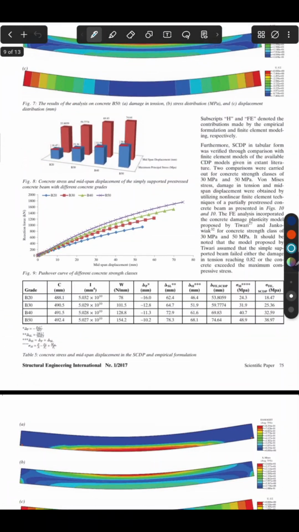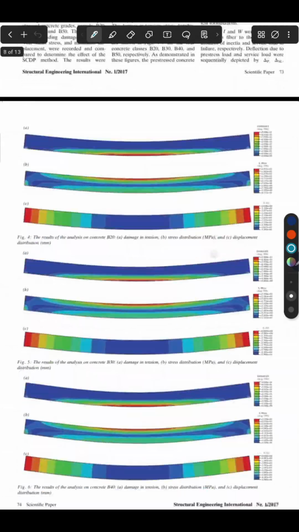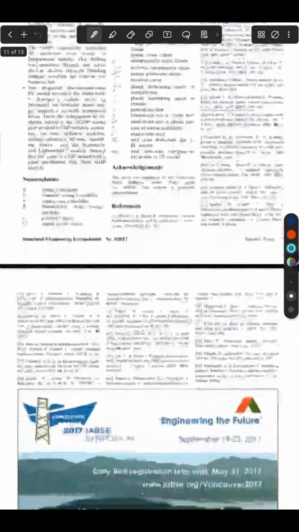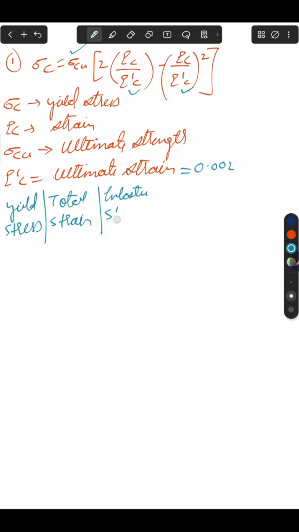First we need to create a table, and in that table, let me show you what we want. First we need yield stress, second total strain, third inelastic strain, fourth I think damage parameter.